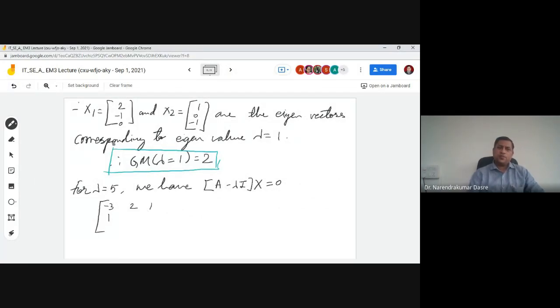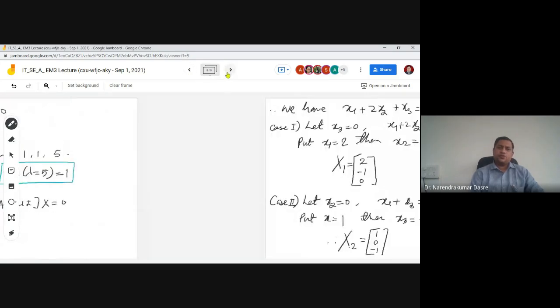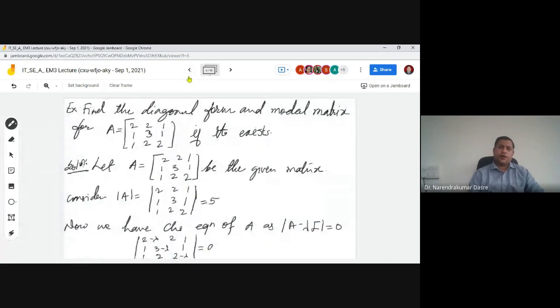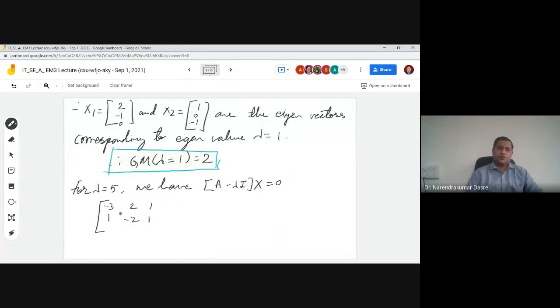Then this is 1. Okay, so we got here 3 minus 5, so we'll have minus 2, and this one remains here. Okay, then this is 1, 2 will be there, and 2 minus 5, so this will be minus 3. And here we have x1, x2, x3. So this is equal to 0, 0, 0.